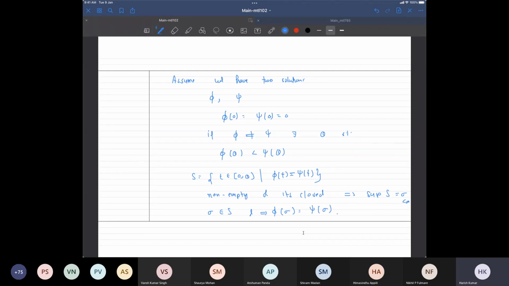Any doubt so far? How is it closed? If f is a continuous function, then the set of x belonging to D such that f(x) is equal to 0 is always closed. I'm using this result from calculus. Did you understand this result?